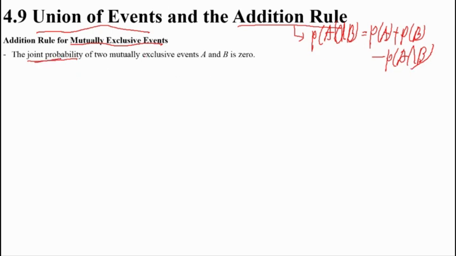So the joint probability for mutually exclusive events A and B is 0, which means that part is 0. One more time, so for two mutually exclusive events, nothing is common, it's just 0. So the joint probability is 0.